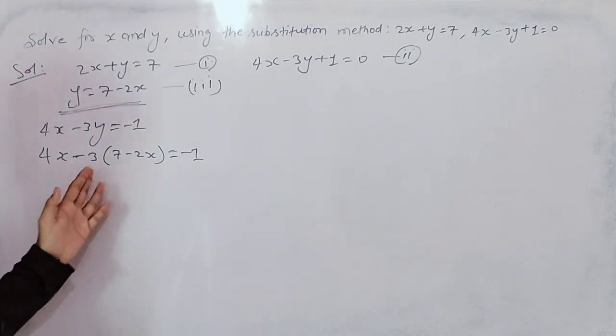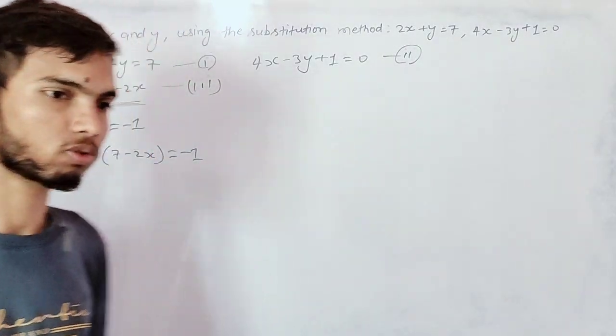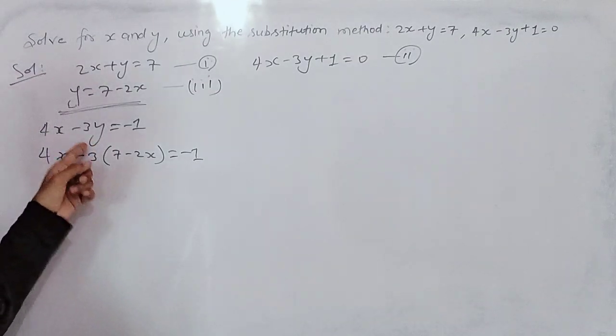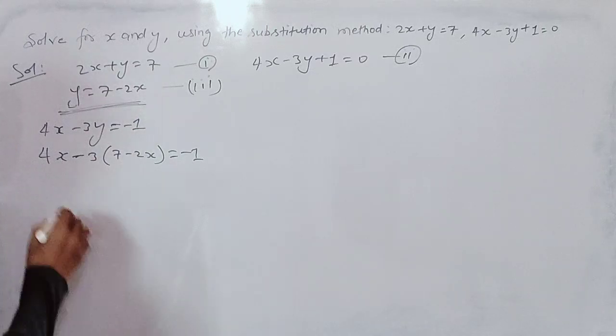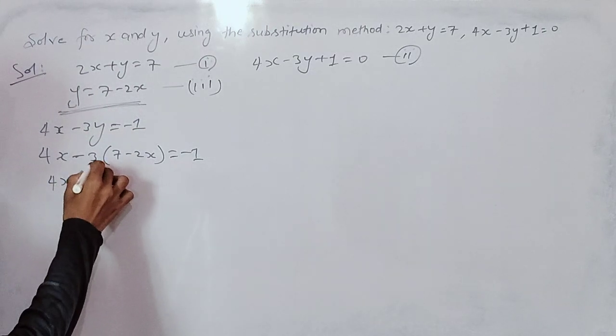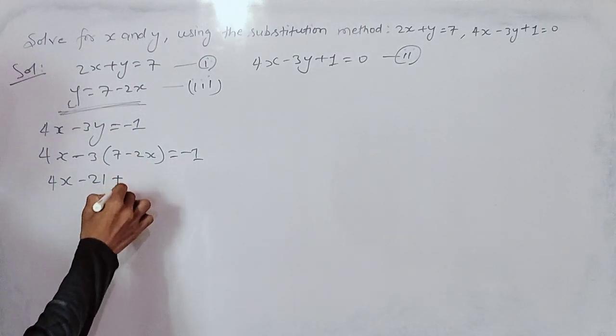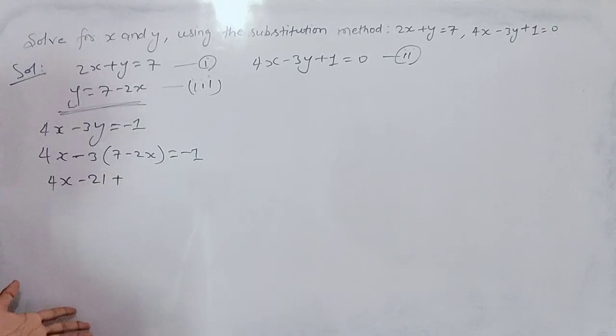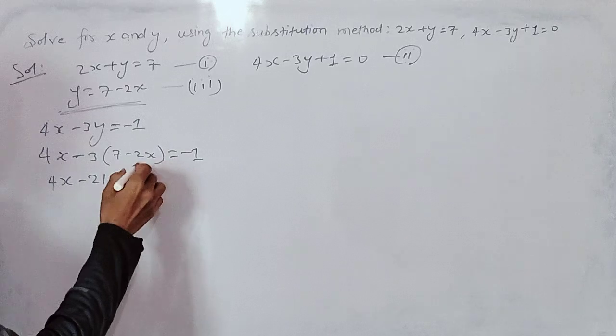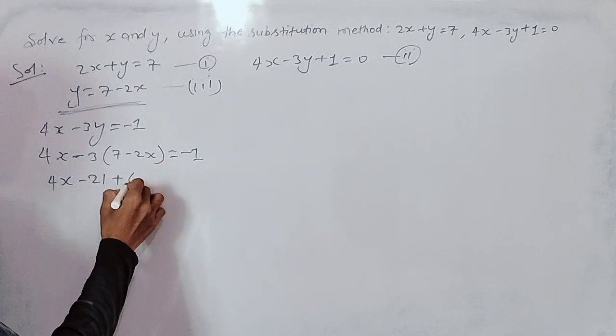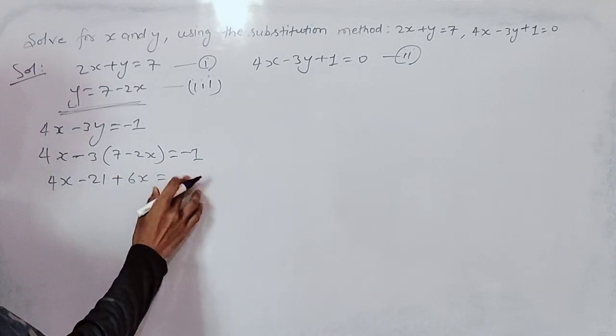From this equation we will get the value of x after substituting the value of y. So 4x and 21, I think it should be plus. So 4x plus 6x is equal to minus 1 minus 21.